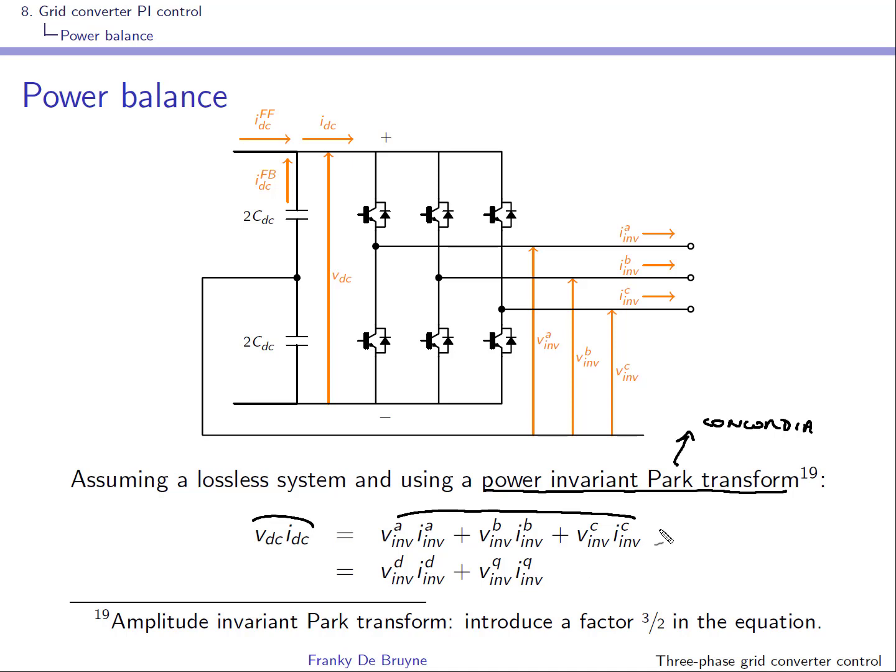You can write that the power in the ABC framework is exactly the same as the power in the DQ framework, written like this, right? If you would use an amplitude invariant Park transform, which uses the Clarke transformation to go to the alpha beta domain, you would have something similar, but you would have to introduce a factor 3/2 in the equation.